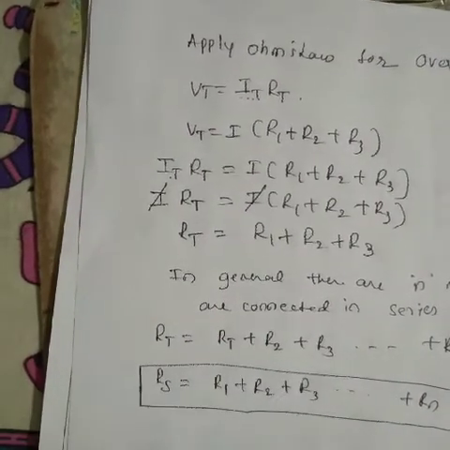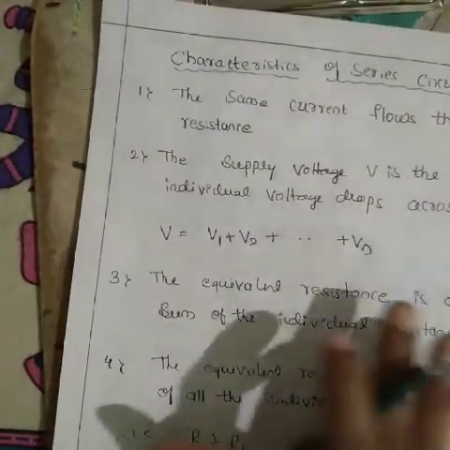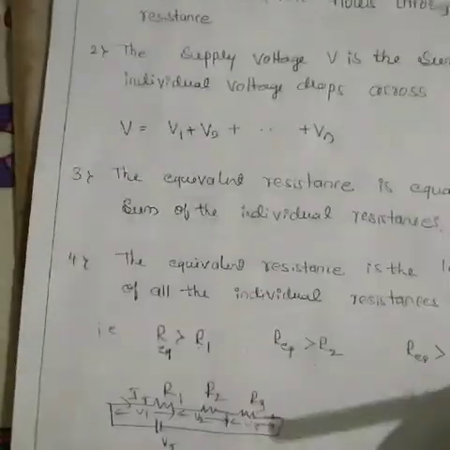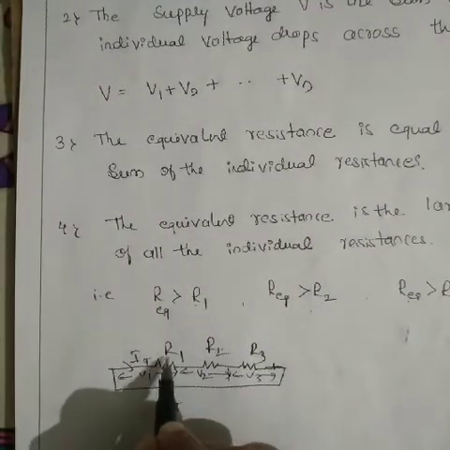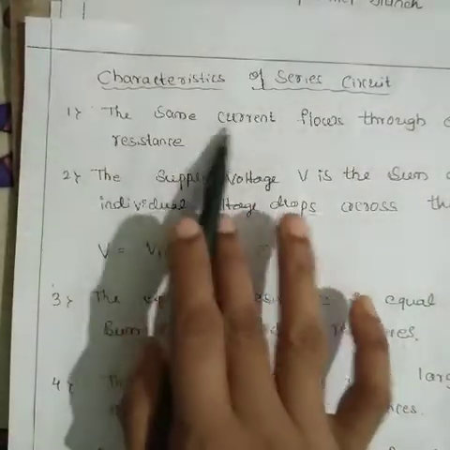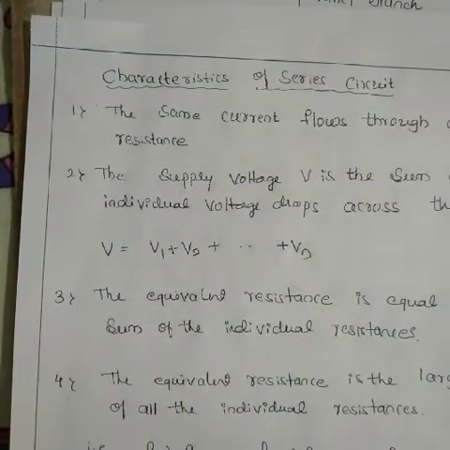Now next concept, the characteristics of series electric circuit. Again you can take the same example. Here 3 resistances are connected in series manner. The first characteristic, the same current flows through each resistance, meaning here R1, R2, then R3, the same IT current will be flowing here.